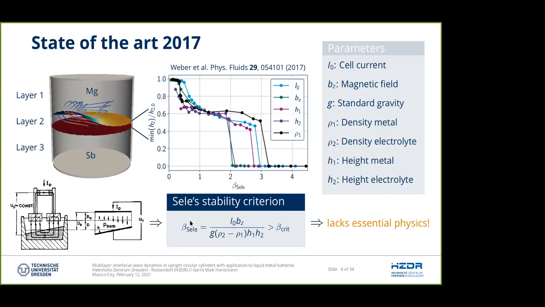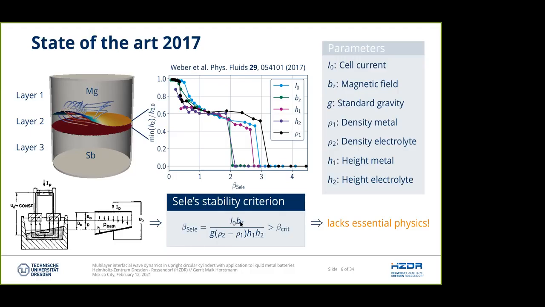And this criterion, it's a dimensionless number, reflects the ratio of induced Lorentz forces by some interface displacement due to the restoring gravity force caused by the same interface displacement.